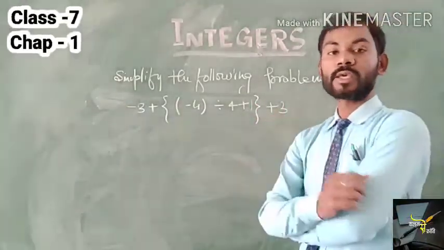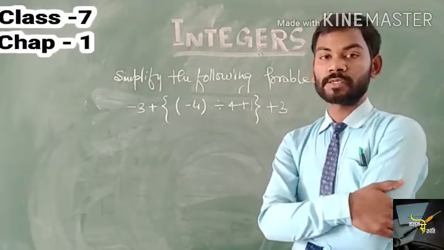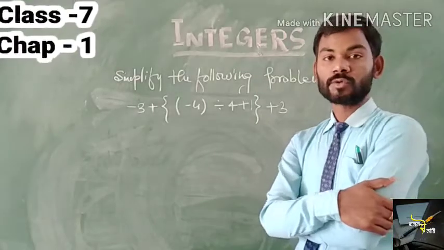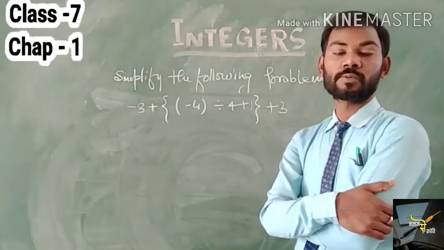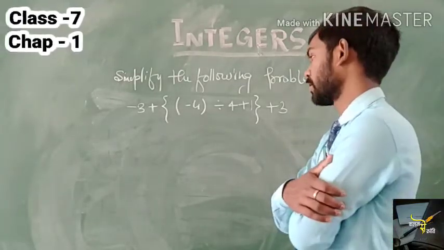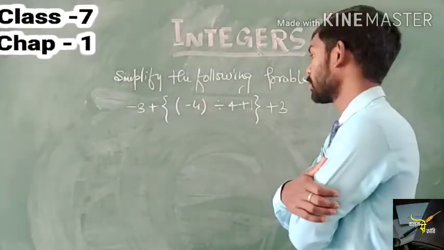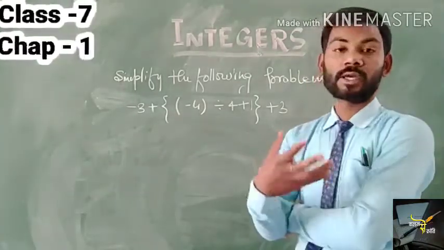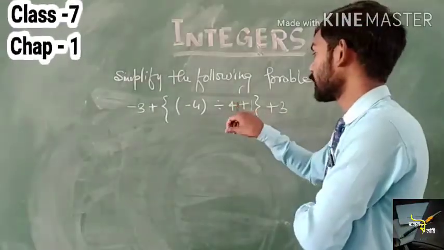Here we can see that there are some numbers inside the bracket, so we shall solve those first, and also we shall observe what operations are present.